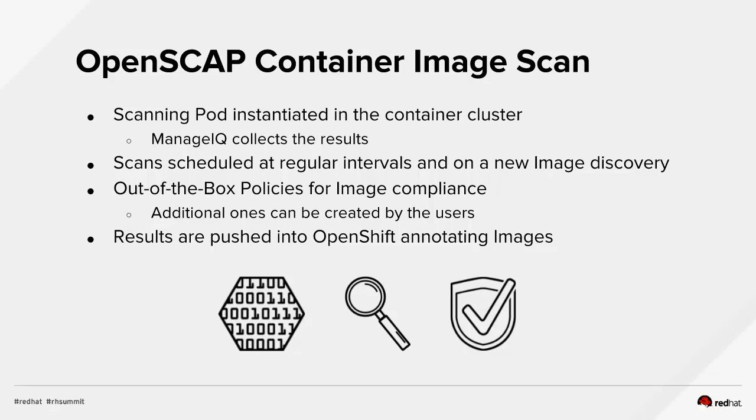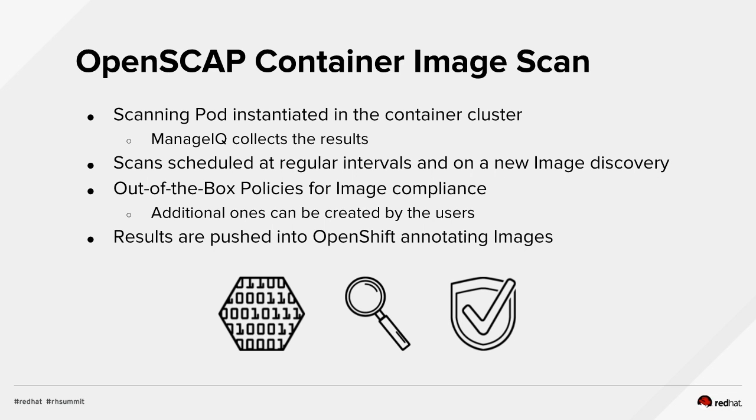And that's not it. On top of that, we are also coming with a policy out of the box that is basically giving you the reliability of checking whether there's any result of high criticality of those specific images and prevent those images from running.